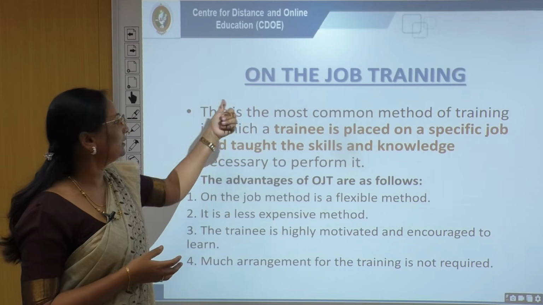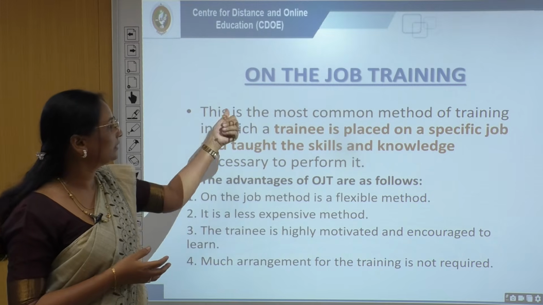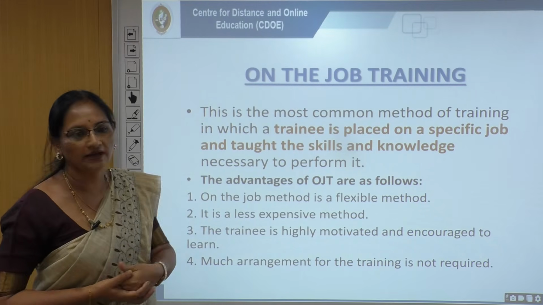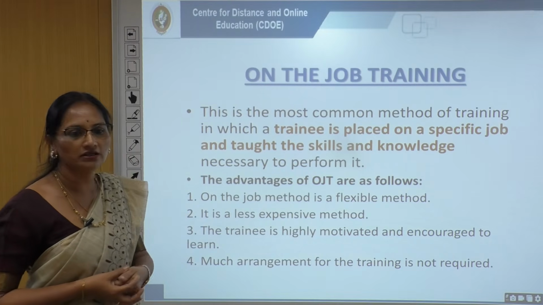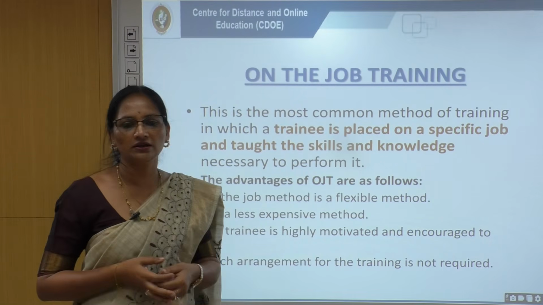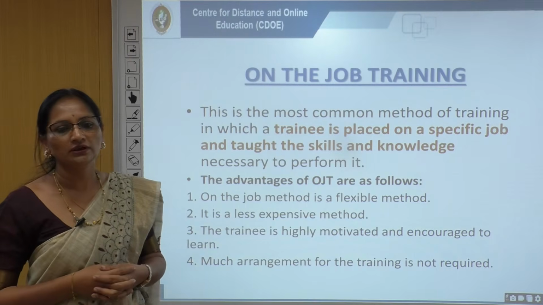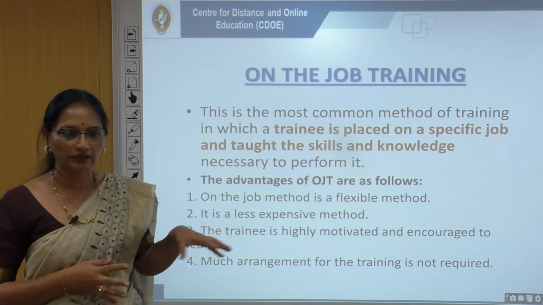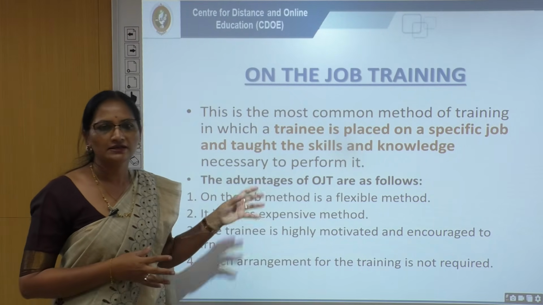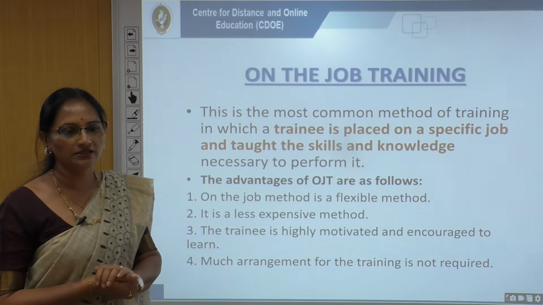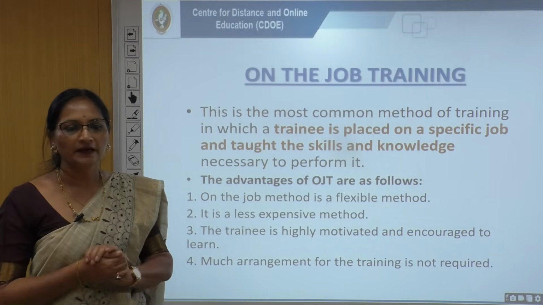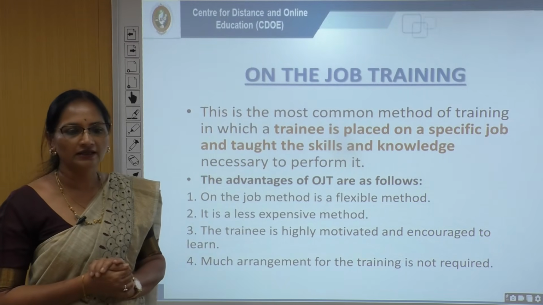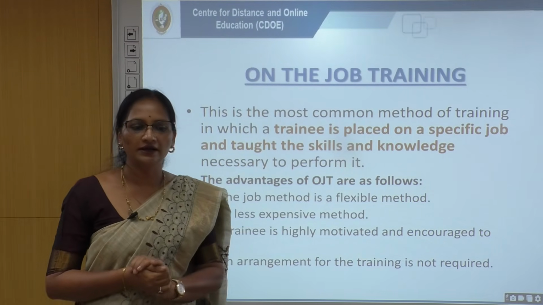Before going one by one, we need to understand what on-the-job training is. This is the most common method, in which the trainee is placed on a specific job and taught the skills and knowledge. It is conducted in-house. Some advantages of this method are that it is less expensive, it is flexible, and it encourages employees to participate.